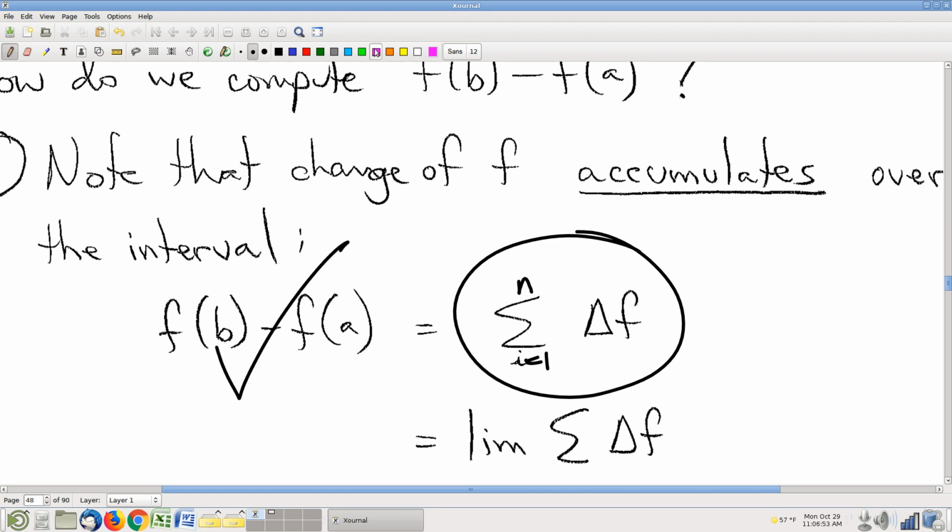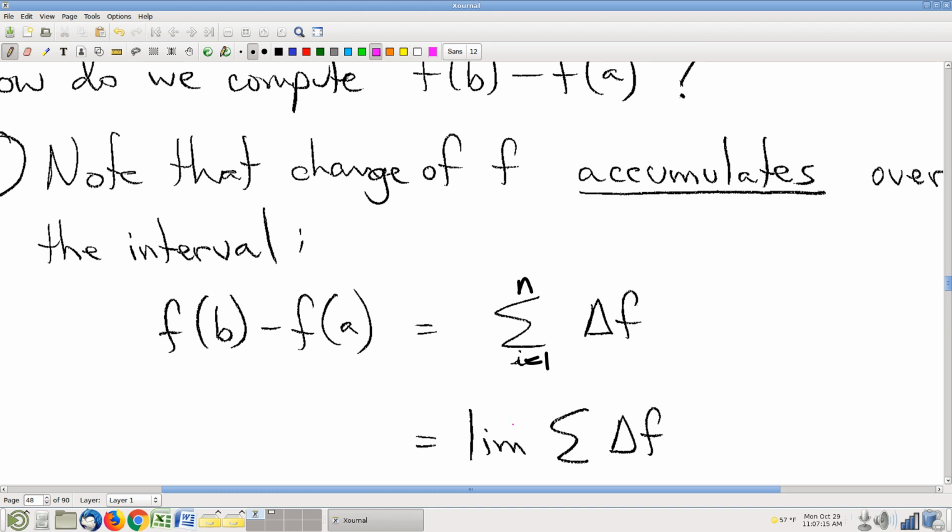It doesn't matter what n is. Change accumulates no matter how many pieces you chop it up into. So this expression here is a constant function of n. If n gets really, really big, the expression doesn't change. It's just constant. And so, of course, if I take a limit as n goes to infinity, still the same.